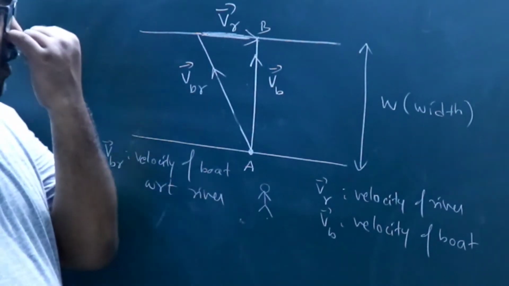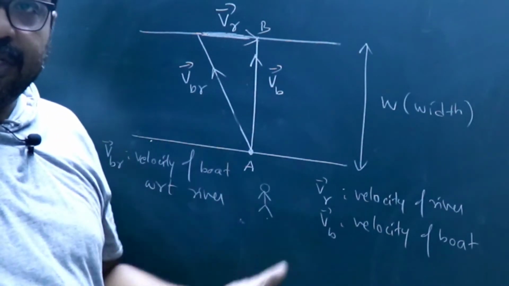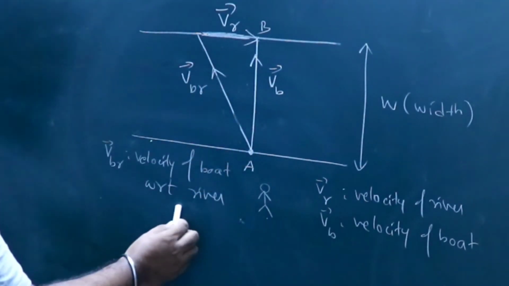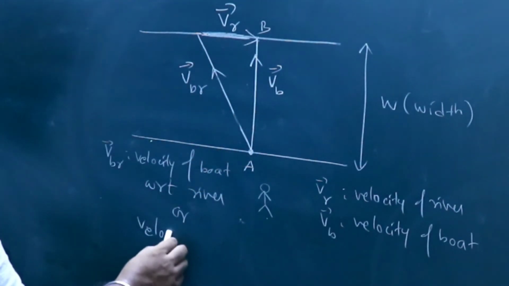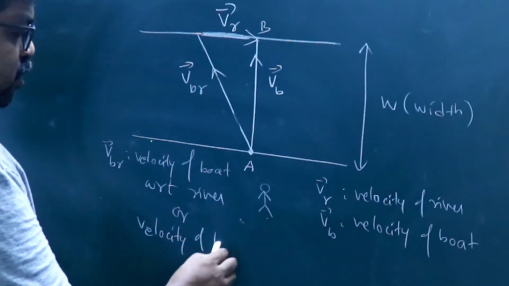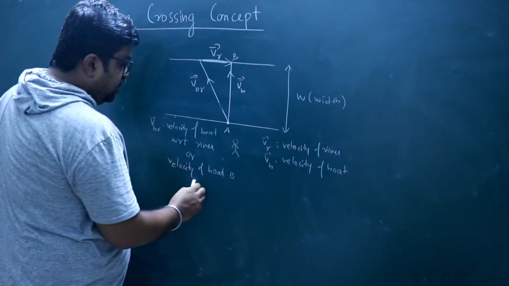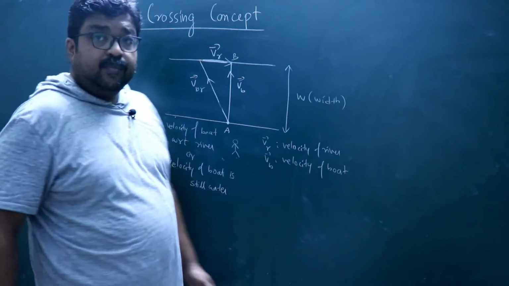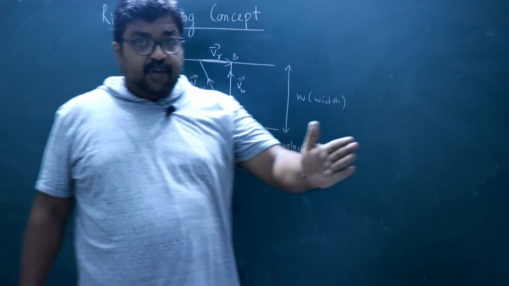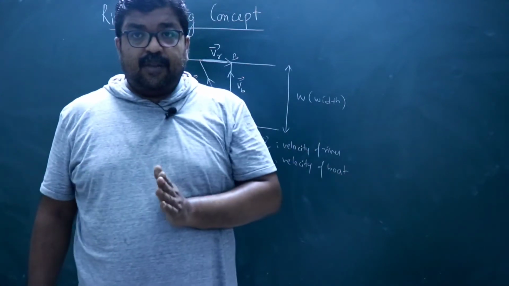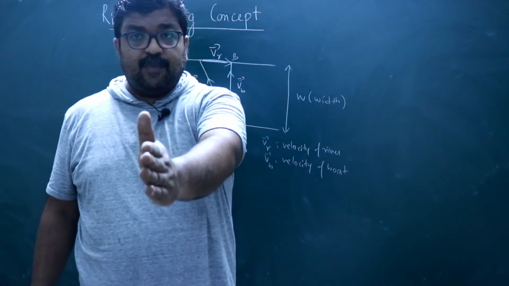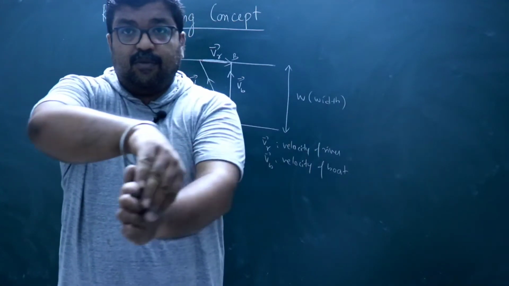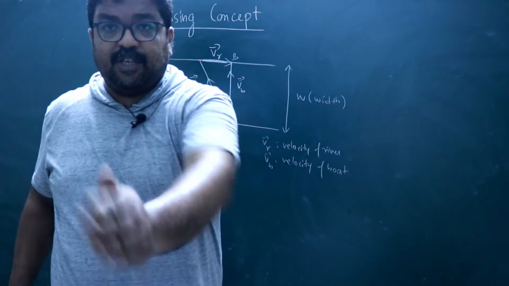Suppose instead of this river, it is a lake, that is the water is still. In that case this boat will be going in this direction. So this is also velocity of boat in still water. If the river is flowing like this, and you have to travel in this direction, obviously you will be going in this direction because the river flow will take you in this direction and finally you will reach here.